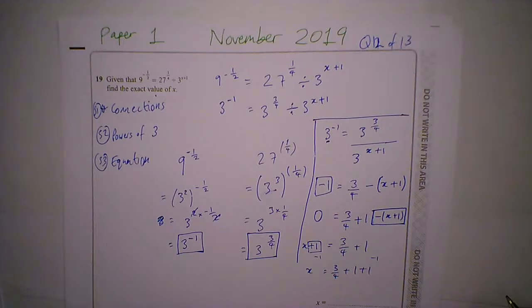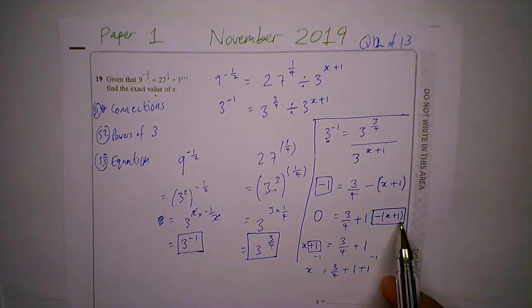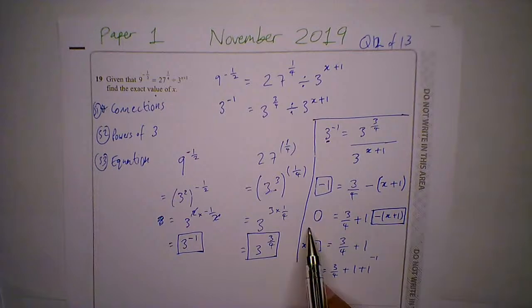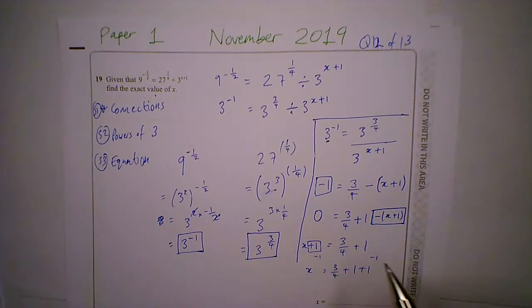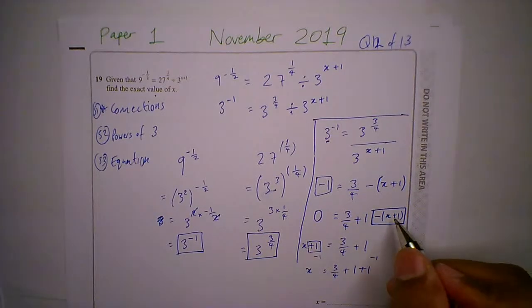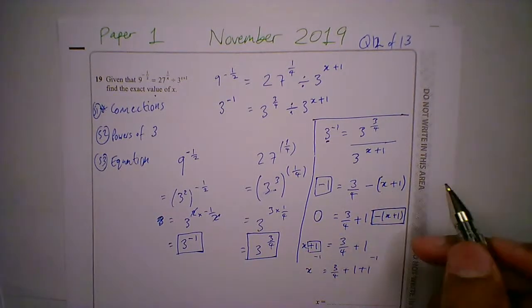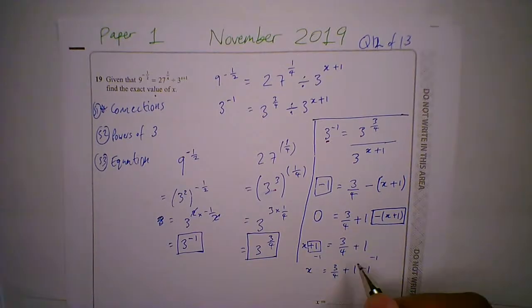Just being careful about things. Did I make a mistake here? Because I've got these negatives, that's what I'm looking at. This has got a minus here, so I haven't expanded the brackets. I've made a little mistake. Let me just correct that. I should have expanded this, but I didn't do that.